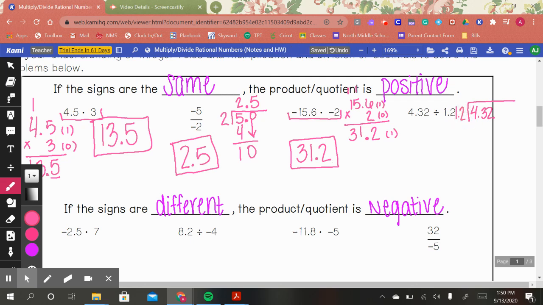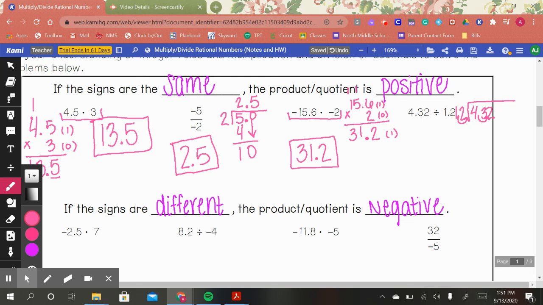Okay. The number on the outside is not a whole number. And in order to get it to be a whole number, I need to move the decimal place 1 place or multiply by 10. Whatever you do to one number, we will have to do to the second number. Moving the decimal place 1 place to the right is the same as multiplying by 10. If you move it 2 places to the right, you're multiplying it by 100, 3 places, 1,000, and so on.